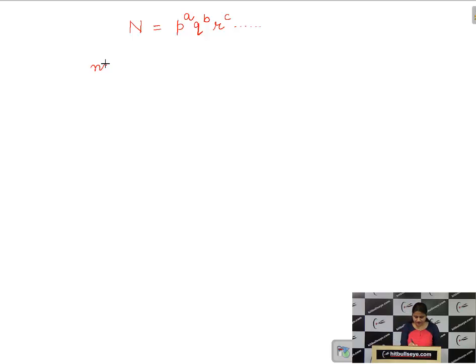Now how can we find the number of factors? The direct formula we can take is A plus 1 into B plus 1 into C plus 1 and so on. That is the formula for finding the number of factors.